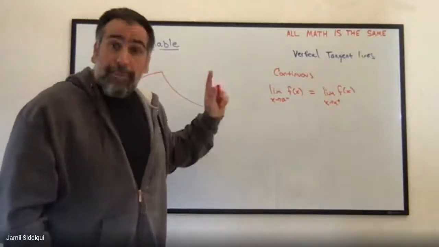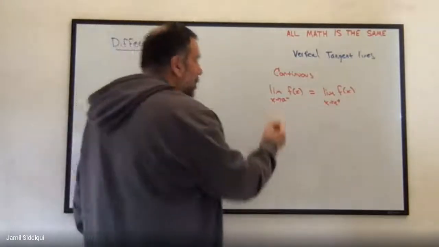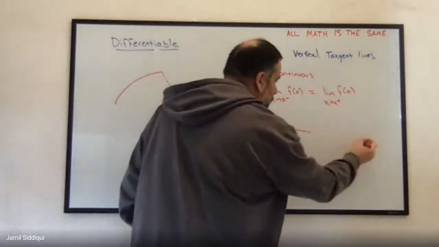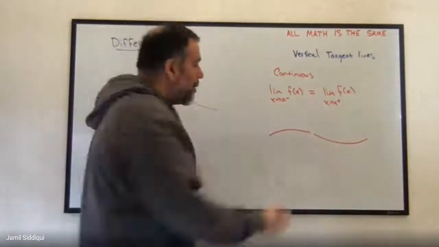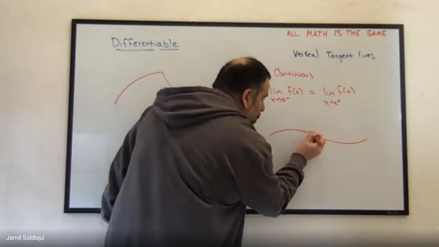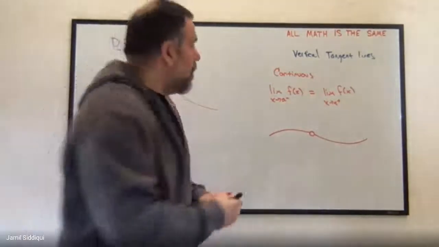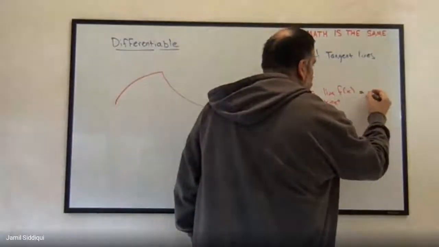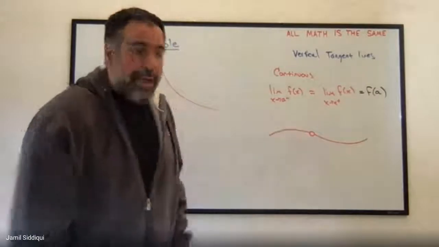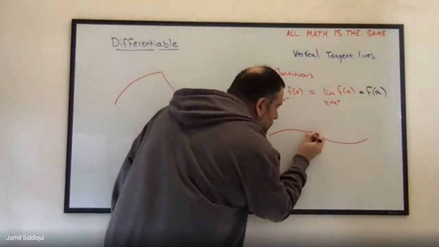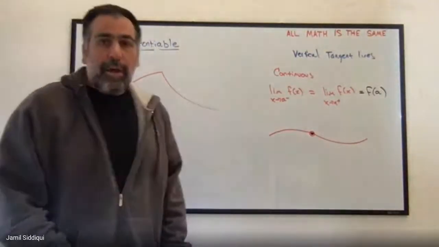You may remember that from the definition of limit, but to be continuous, you have to go one step further, because all this really says is, as I come from the left and I come from the right, I'm going to kind of end up at the same value, but we don't know whether or not that's filled in yet. So to finish the definition of continuity, we've got to have this equal to f of a. In other words, when we go to find the y value, we're going to find it in the exact same place the limit predicts. So that's our definition of continuity.